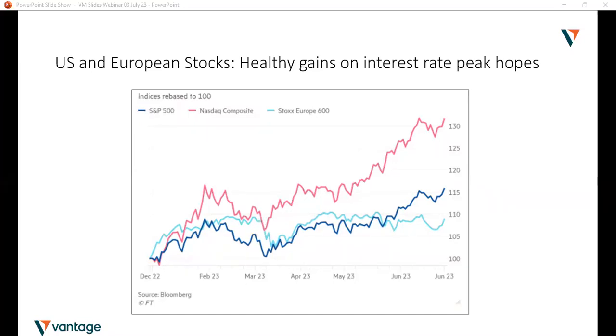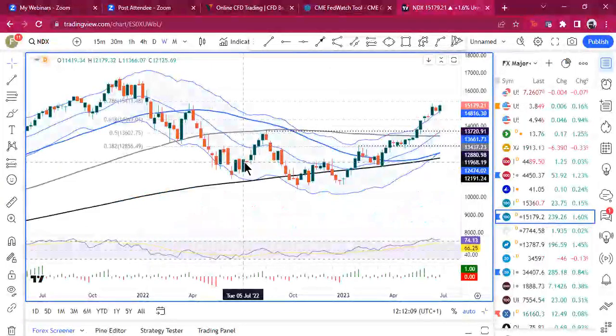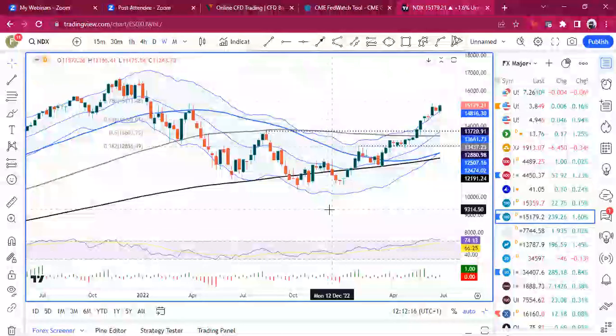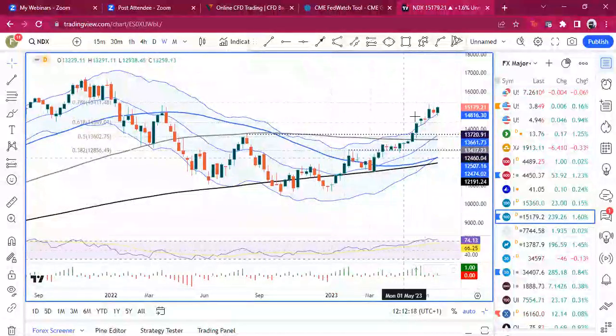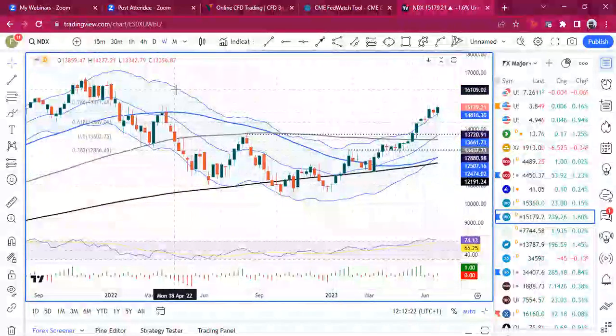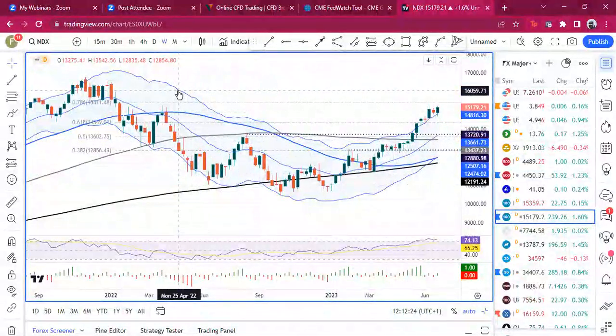Just on the technicals, those are some of the fundamentals that we've seen and potentially things to look out for going forward. This is the NASDAQ weekly chart. We like to bounce out to a wider time frame to start. You can see I have the Keltner channels in here.